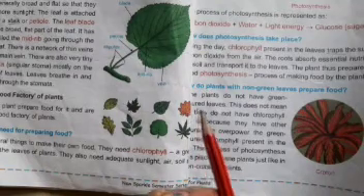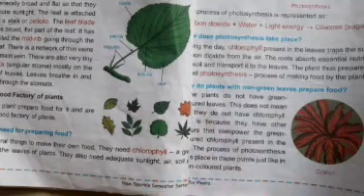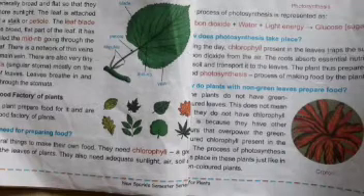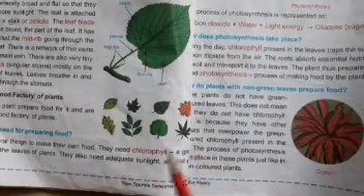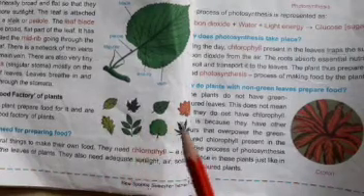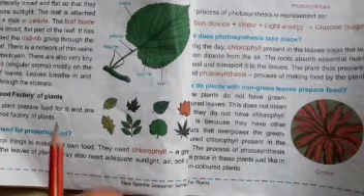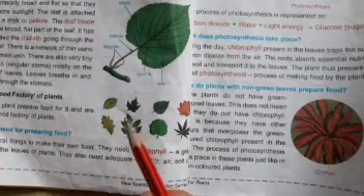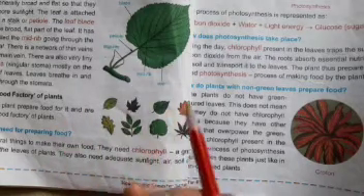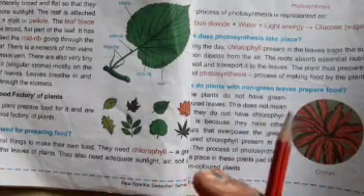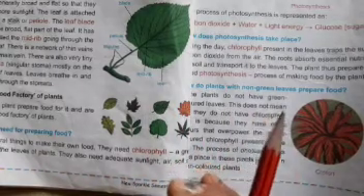For example, if you want to prepare a vegetable dish, you need vegetables, oil, salt, chili, so many things to prepare one food recipe.